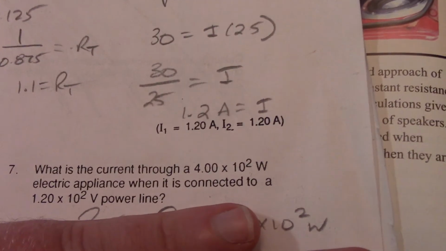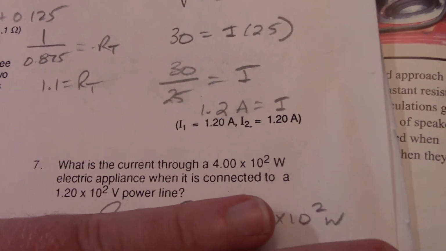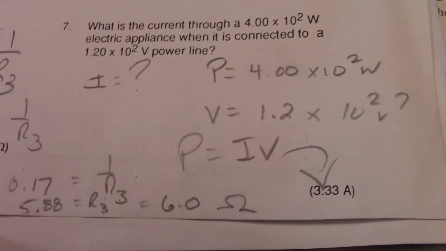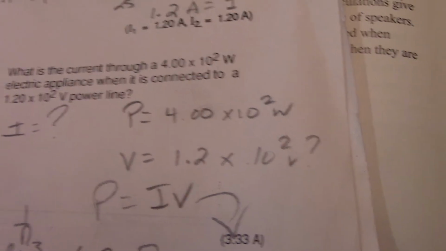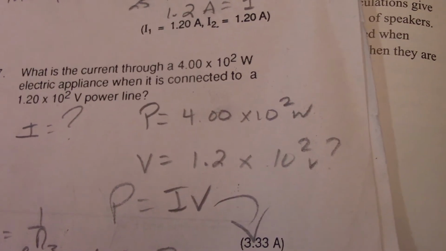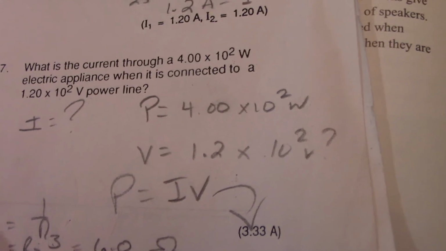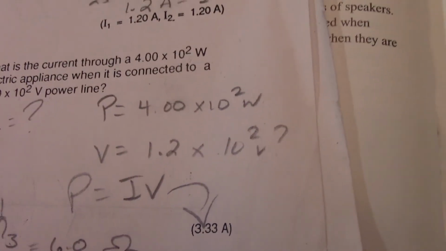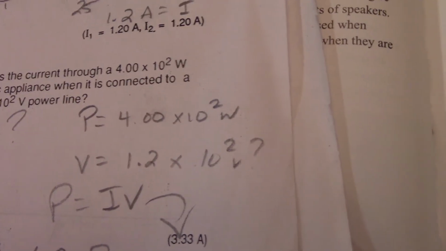So we have a power and we have a voltage, so we can use P equals I times V to solve for that. We're solving for current, so P over V equals I, and you're going to end up with 3.33 amps when you do that math. You can plug that into a calculator.